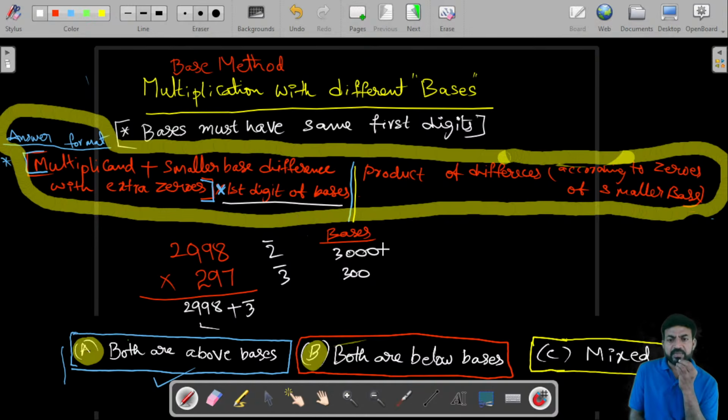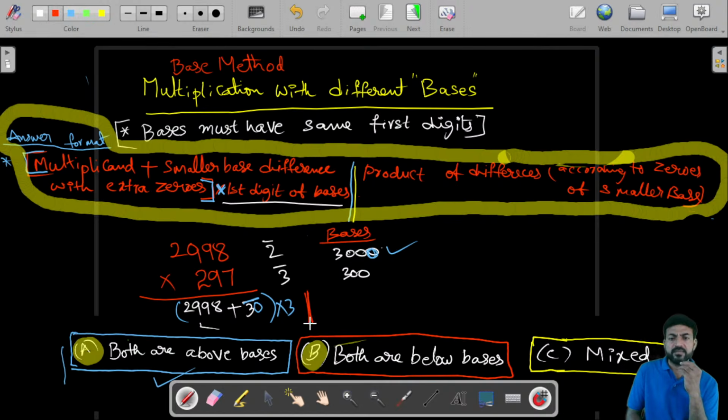How many extra zeros does the bigger base have? One zero extra, so you have to add this one zero. The smaller base has one less zero than the bigger base, that is the reason we add one zero here. Into the first digit of base, you should not forget. Both bases have 3 as the first digit. This is one part of the answer.